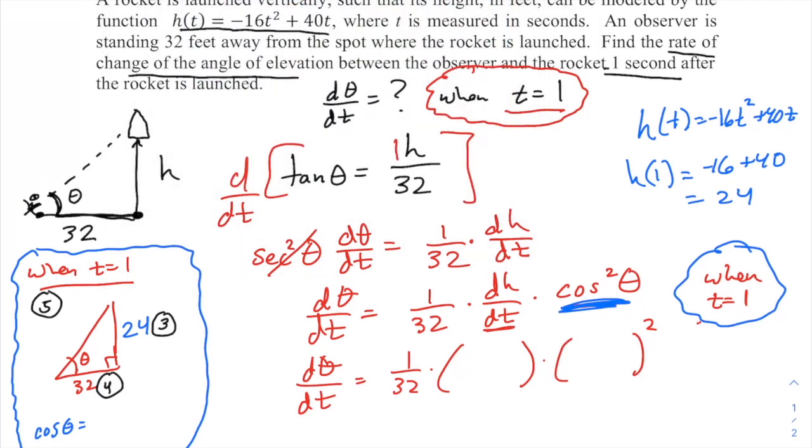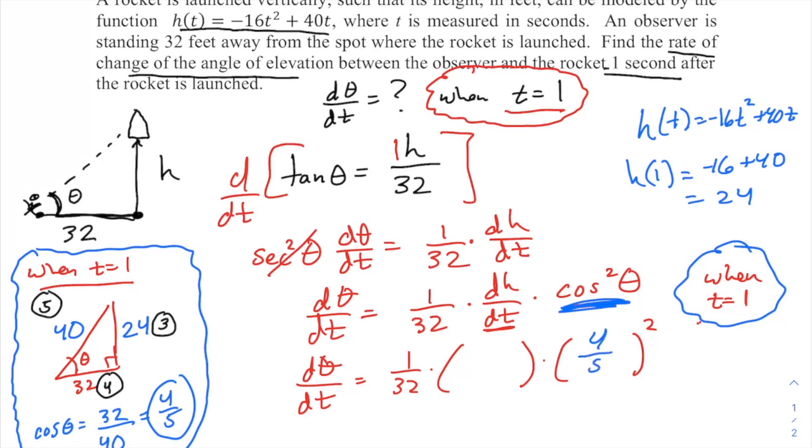So really this hypotenuse would be 5 times 8, or 40, at that one moment of 1 second. So the cosine is, of course, adjacent over hypotenuse, 32 over 40, which reduces right back down to 4/5. So that's another little lesson there. If it is a triple, you can use the reduced members to find any trig ratio. So the cosine is 4/5.